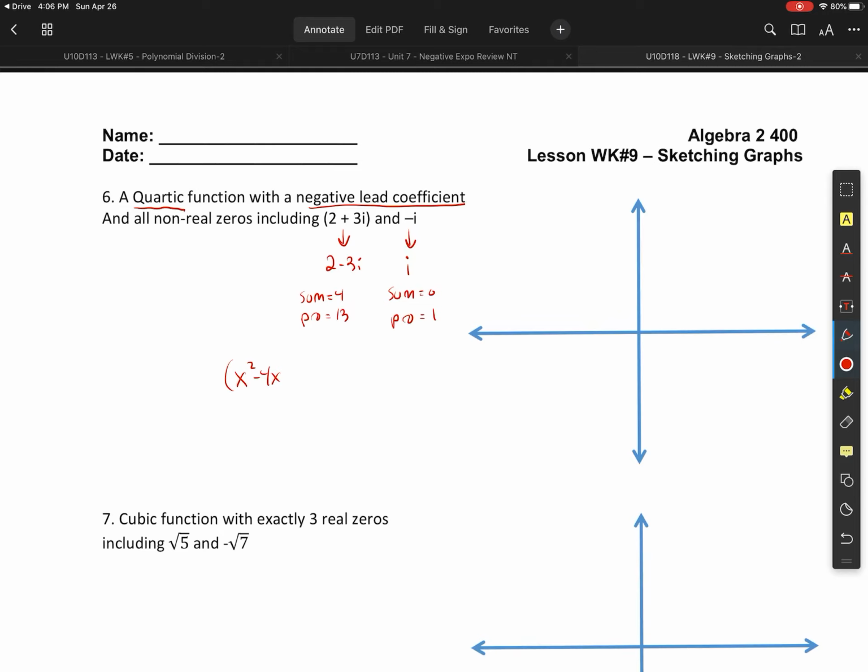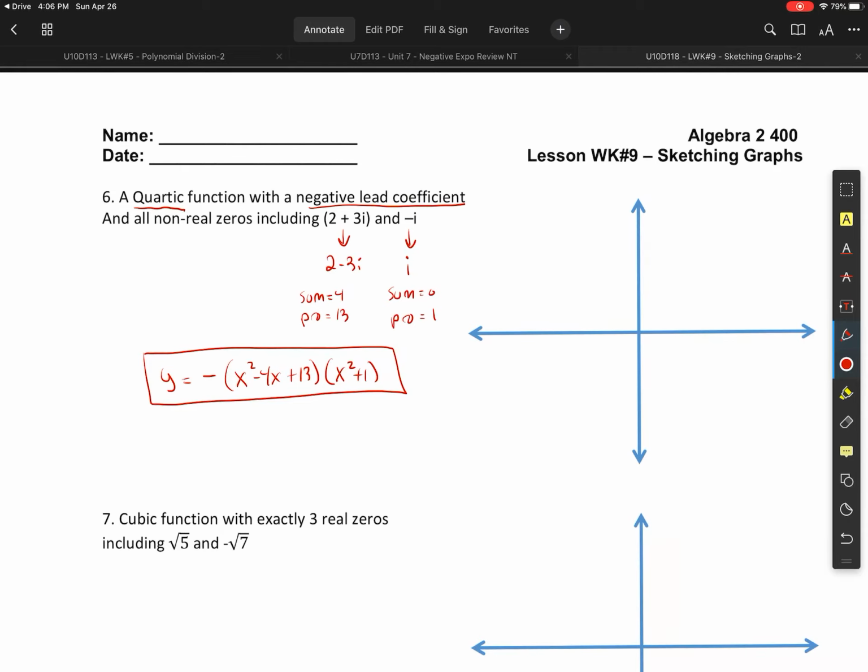So I have x squared minus 4x plus 13 followed by x squared plus 1. Can't forget about our negative lead coefficient. Now it could be negative 1, it could be negative 2, it could be negative a half, whatever you want. I tend to just stick to positive and negative 1 in these situations.